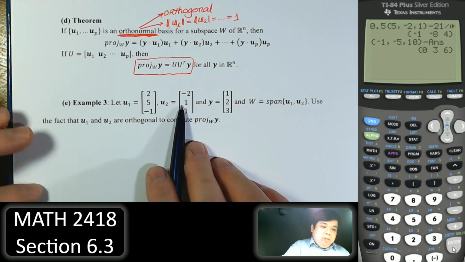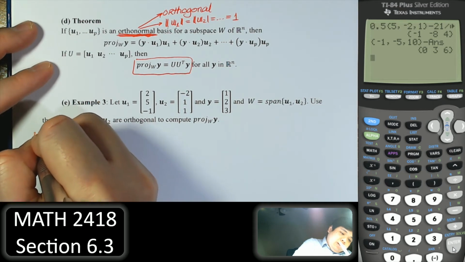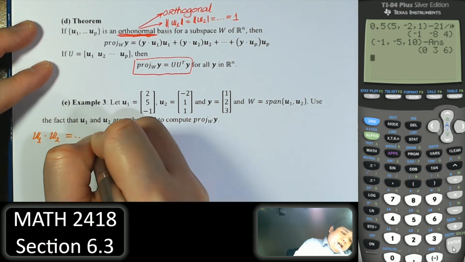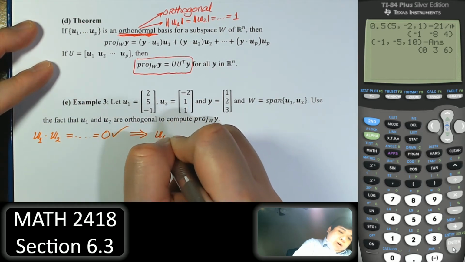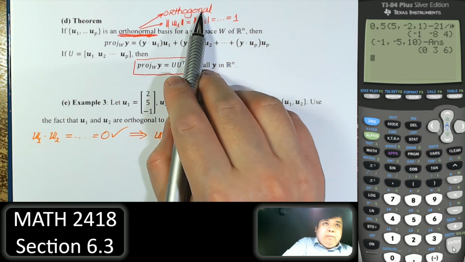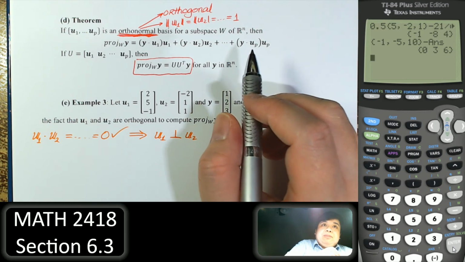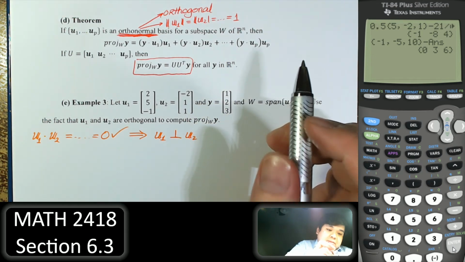With a simple check, we say u1 dot u2, and we already did that. It is equal to 0. So we have u1 is orthogonal to u2. So they have one part of it, orthogonal. Now we just need to reduce them to unit vectors.